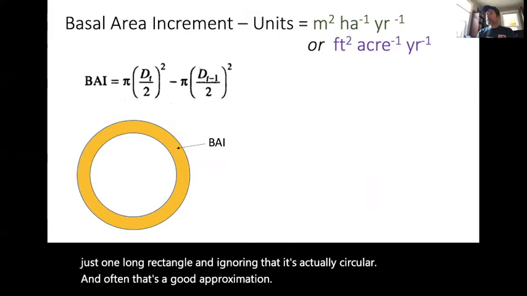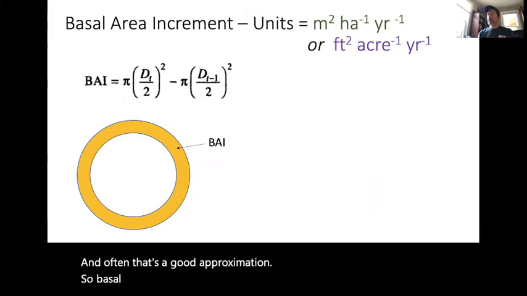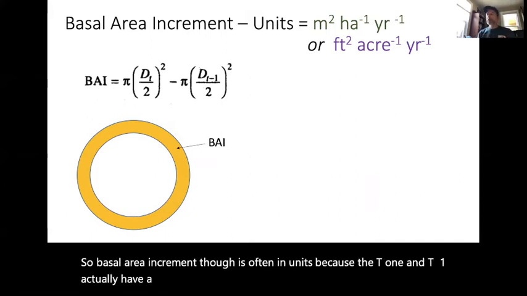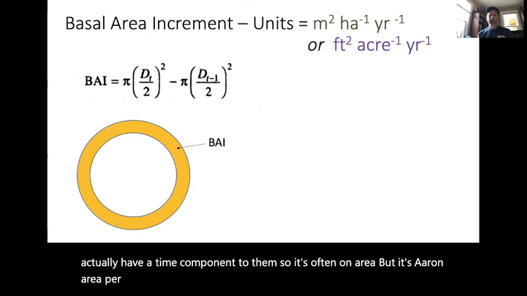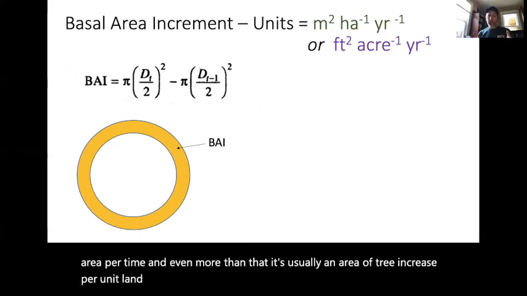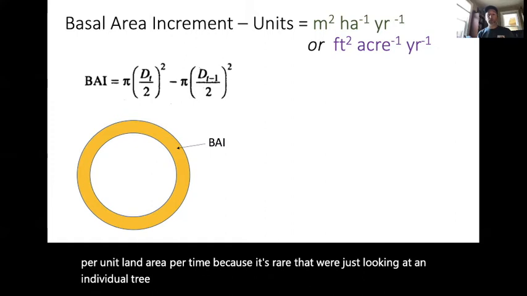So basal area increment, though, is often in units because the t and the t-1 actually have a time component to them. So it's often an area, but it's an area per time. And even more than that, it's usually an area of tree increase per unit land area per time, because it's rare that we're just looking at an individual tree at a time, and instead we're often looking at a whole forest.